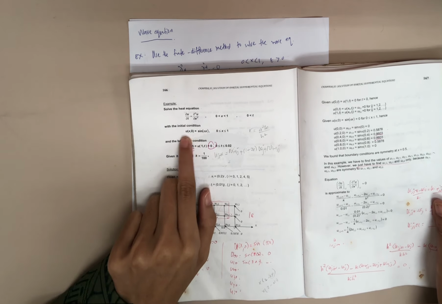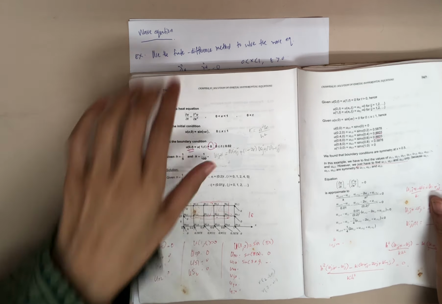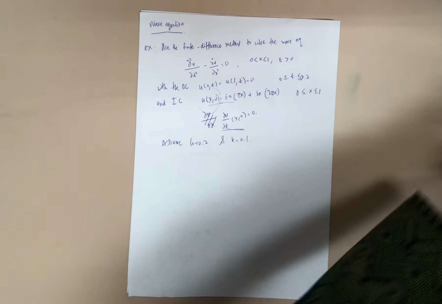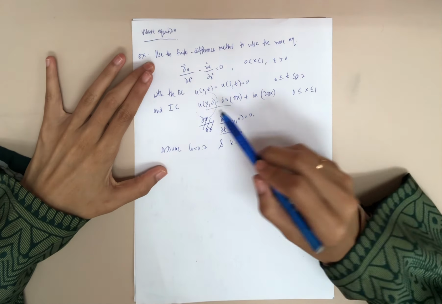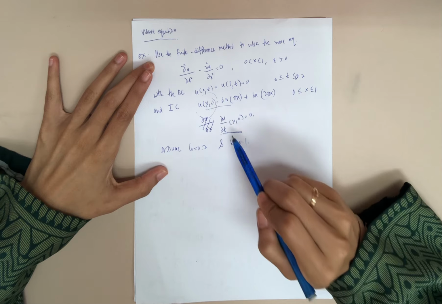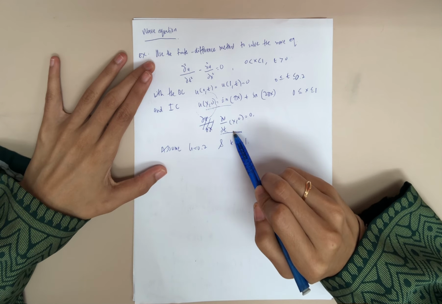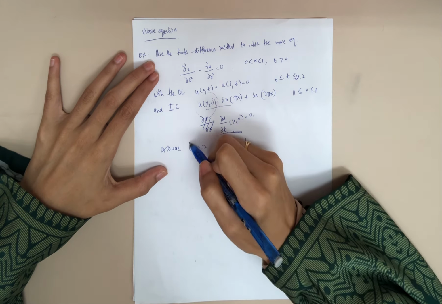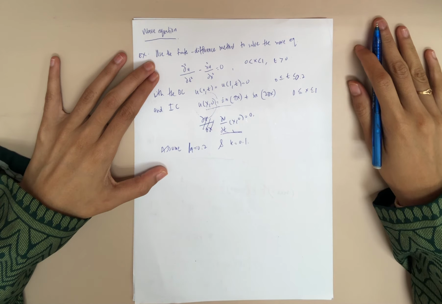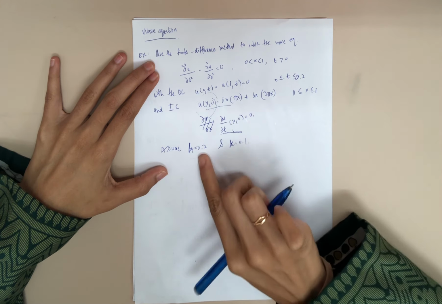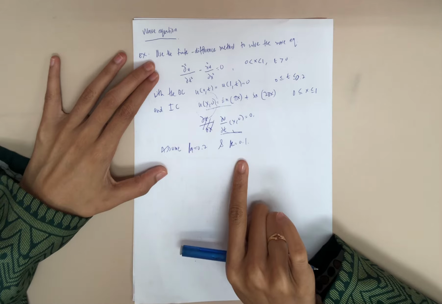But for the wave equation, it gives you two initial conditions: the first one is U at 0, and the second one is du/dt. And then it gives you H and K as well. So your H value is 0.2, and K is 0.1.